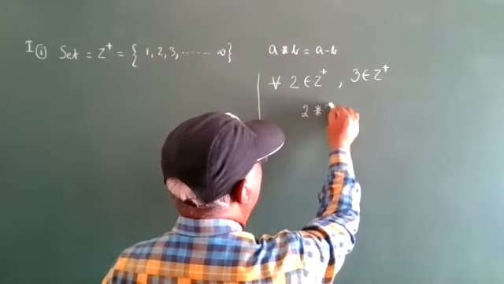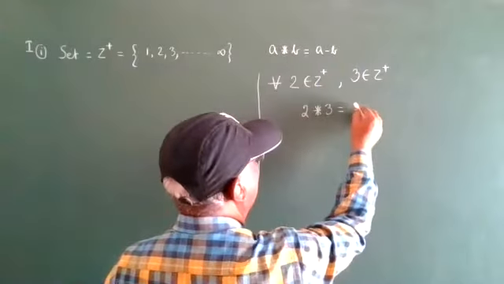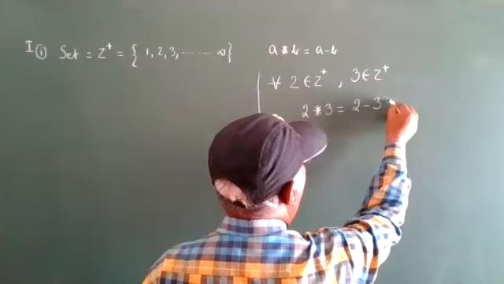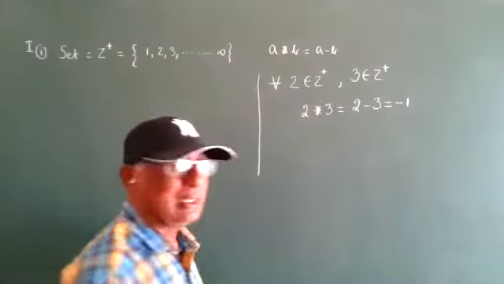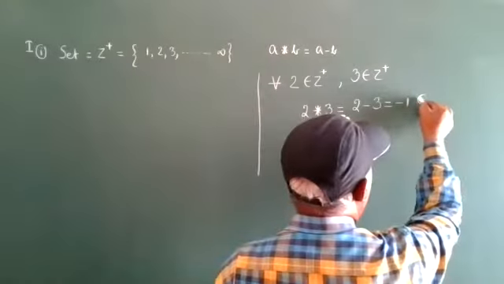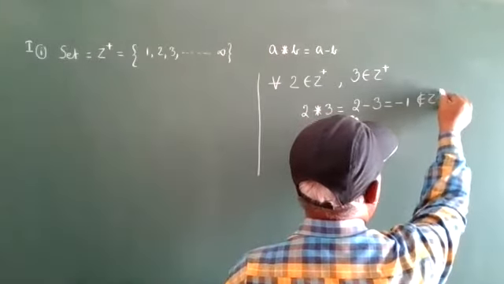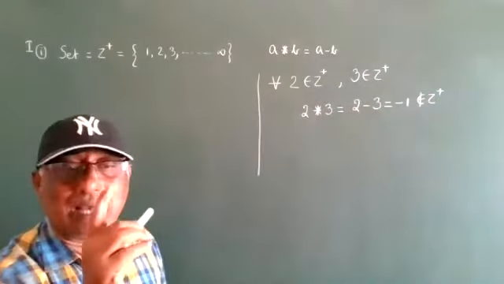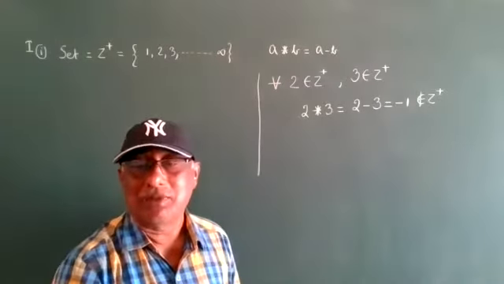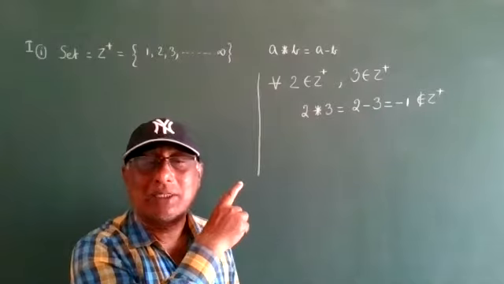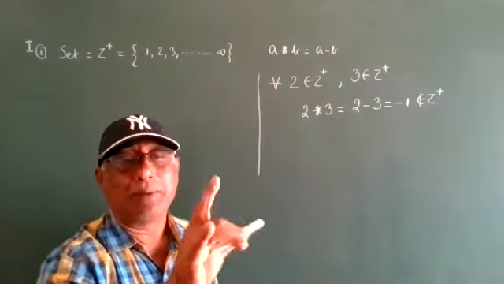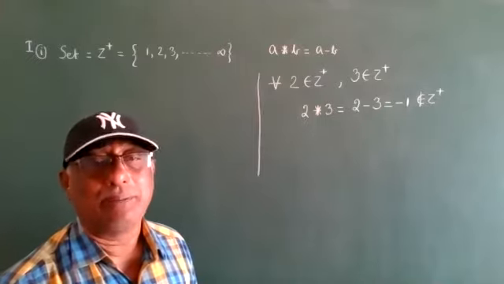The star operation is given by the first one minus the second one. What we get is the value minus 1. But minus 1 does not belong to the same set. After applying this operation, the result must belong to the same set, but here the result minus 1 does not belong to the same set. Therefore, it is not a binary operation.